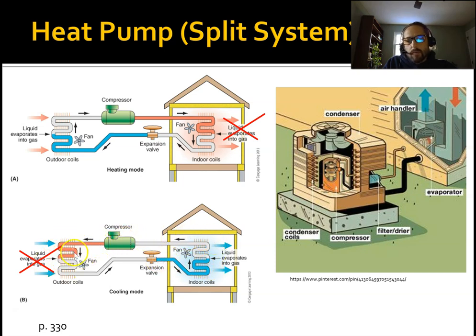And then remember, with the condenser, it takes this compressor, pressurizes this, it's a gas at this point, so it pressurizes it, which heats it up, and then it gets hot enough, and then it actually dumps that heat outside into the outside air. So it condenses. It doesn't evaporate outside in cooling mode.